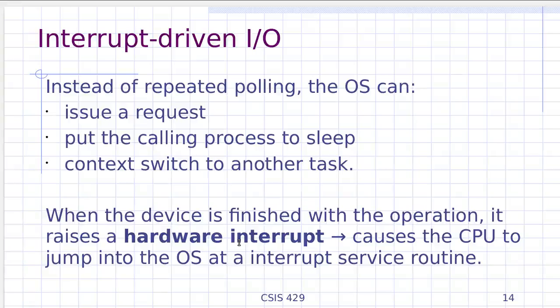It'll find that the line has gone up, so it'll say, okay, I need to handle what I'm seeing now from this device, and it'll put the program counter on the stack. It will say, okay, jump to this interrupt service routine.